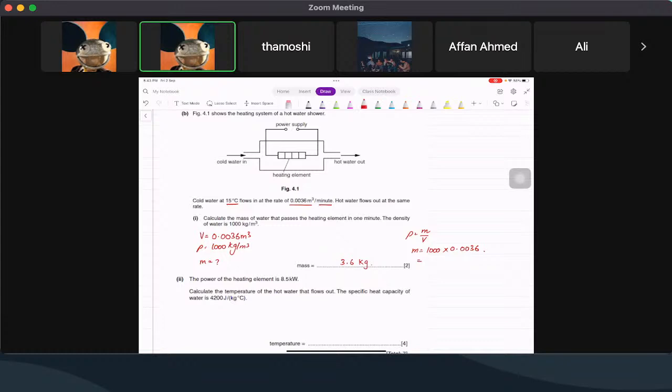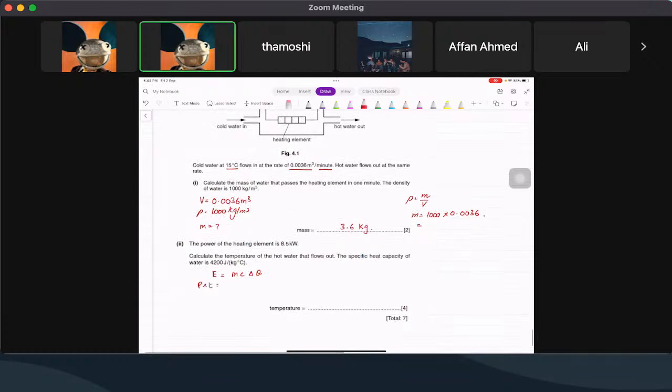So we are going to do power. Basically, energy is equal to mc delta theta. Energy is power into time. Mass we already know, so we're going to put in the values. Power was 8.5 kilo, which is 10 raised to power 3. The time is basically a minute, which is 60 seconds.